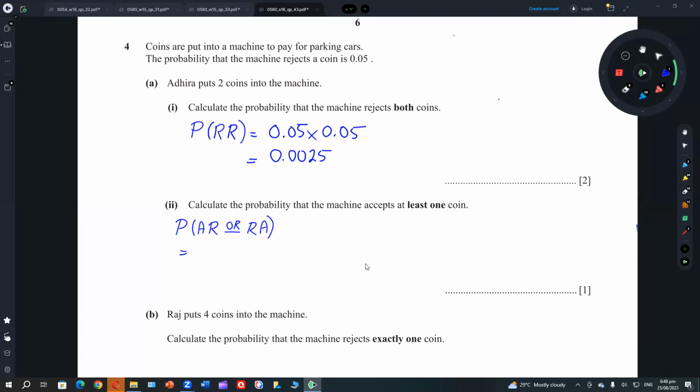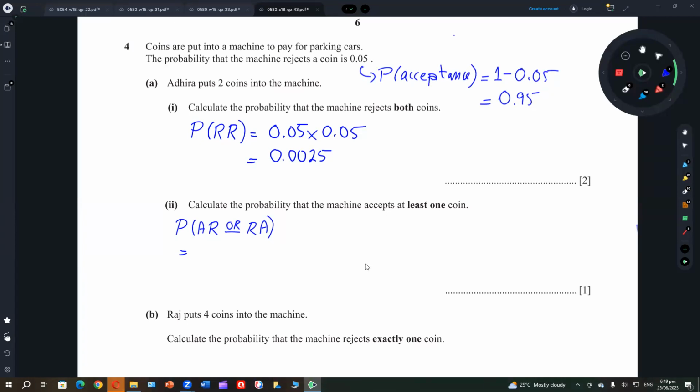So if this is rejection, what would be the probability of acceptance? Acceptance, not rejection. If rejection is 0.05, acceptance will be 0.95. How come 0.95? Where is it coming from?